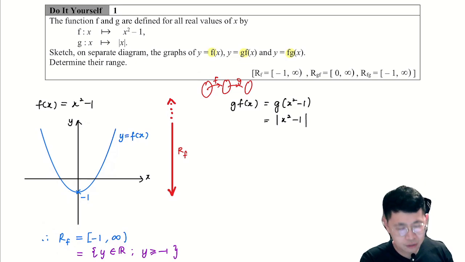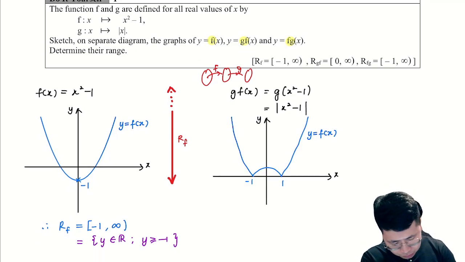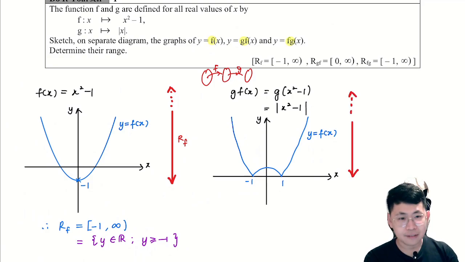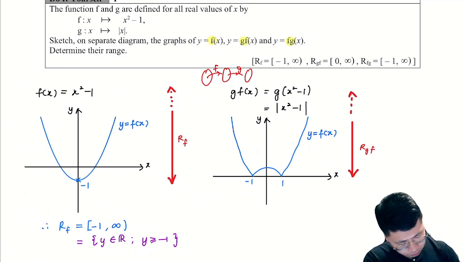Let's take a look at how we should draw this graph. The graph will be the same as the previous graph, just that this portion we need to rotate upwards, to become like this. Then we look at the range of y values for this function, which will be like that. Over here, you can see it's going upwards. It's going to start from this line over here. How do we write this in mathematical symbols?